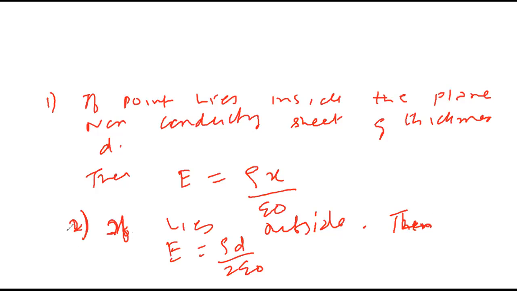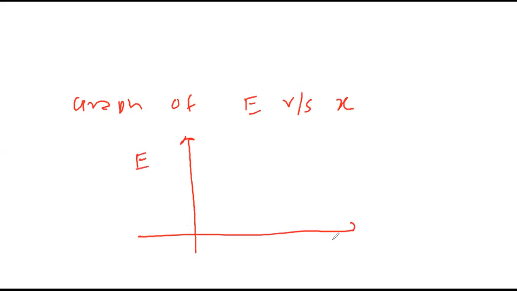Done, sir. Okay. Graph of E versus distance x. If the point is here, what is x then? d by 2 or not?